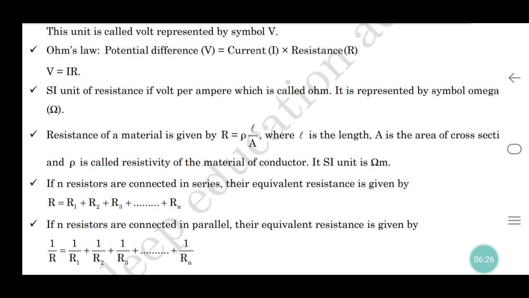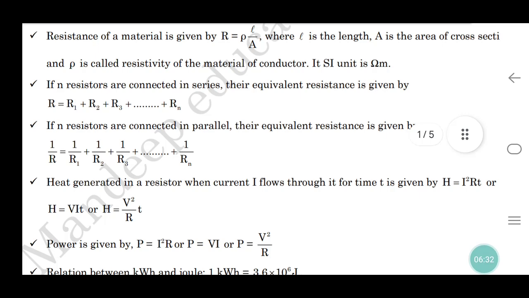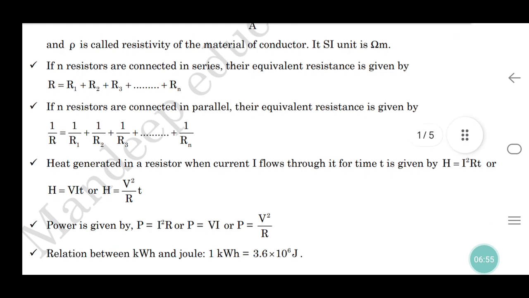How to find the R value? It depends upon the area, length and resistivity. If resistors are connected in series, R is equal to R1 plus R2 plus R3 up to Rn. If resistors are connected in parallel, the equivalent resistance is 1 by R is equal to 1 by R1 plus 1 by R2 up to plus 1 by Rn.